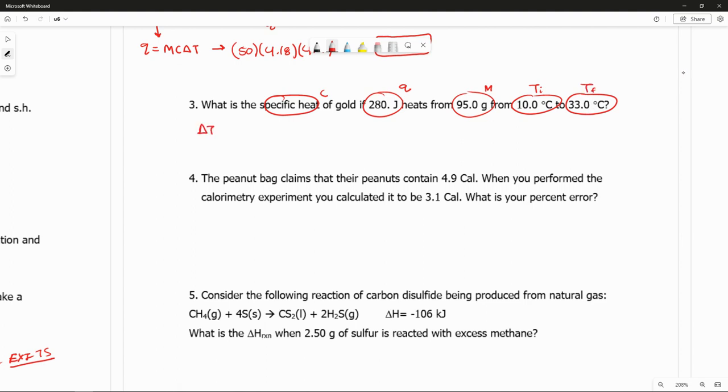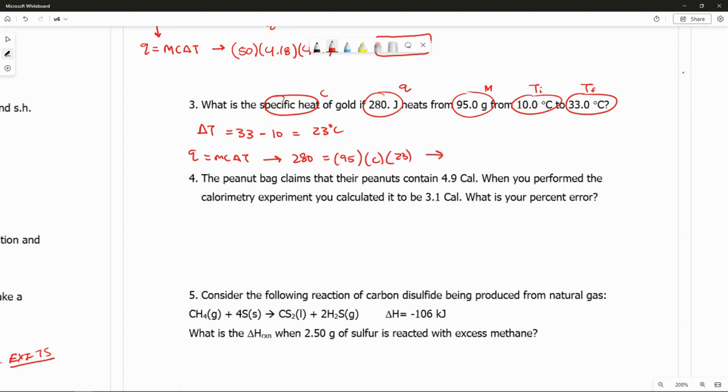Calculate delta T. Delta T equals final minus initial, 33 minus 10 gives us 23 degrees Celsius as our delta T. Solving for Q equals mc delta T, we know that we're looking for C. Q is 208 joules, equals mass, 95, given here. C, we don't know. And delta T, we just found, was 23.